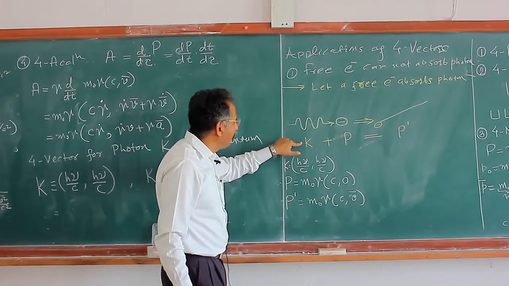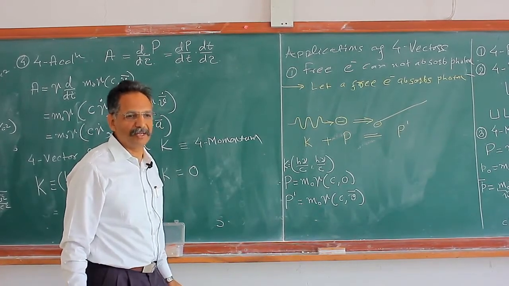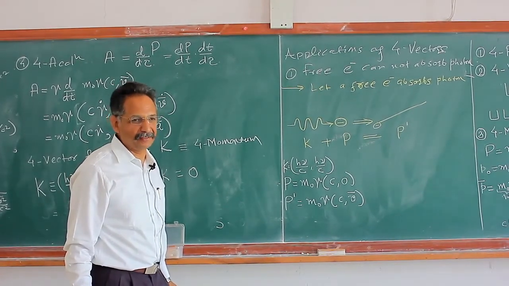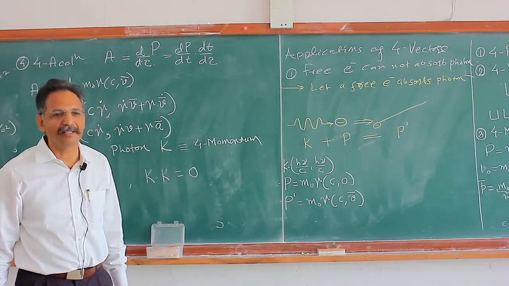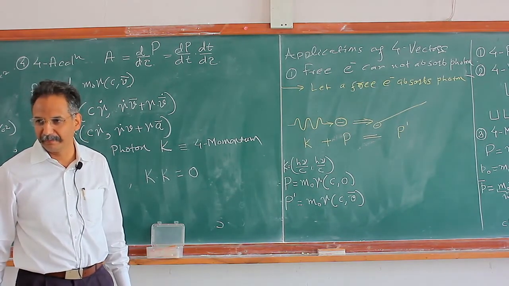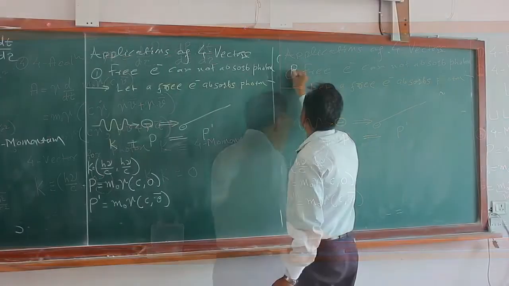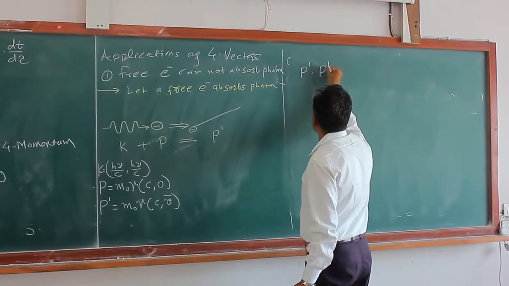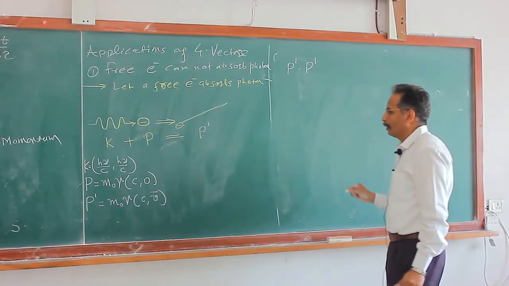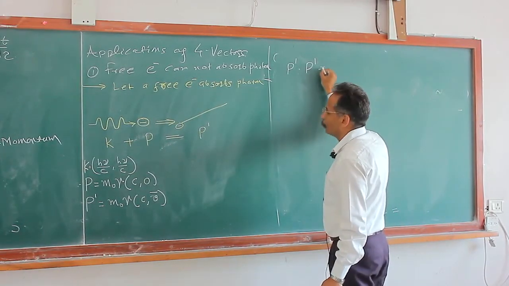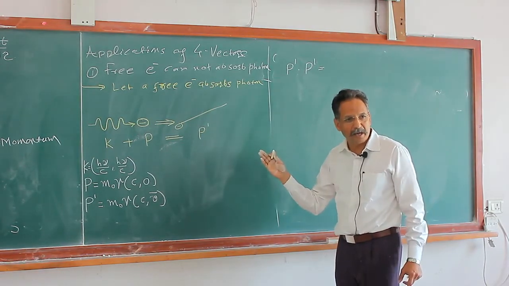Now I want to play with this conservation equation. So unless I do some perturbation, nothing is going to happen. And that perturbation is finding the inner product of the equation with itself. So the inner product of the equation with itself, P dash dot P dash, is equal to K plus P in one bracket multiplied by K plus P in another bracket.